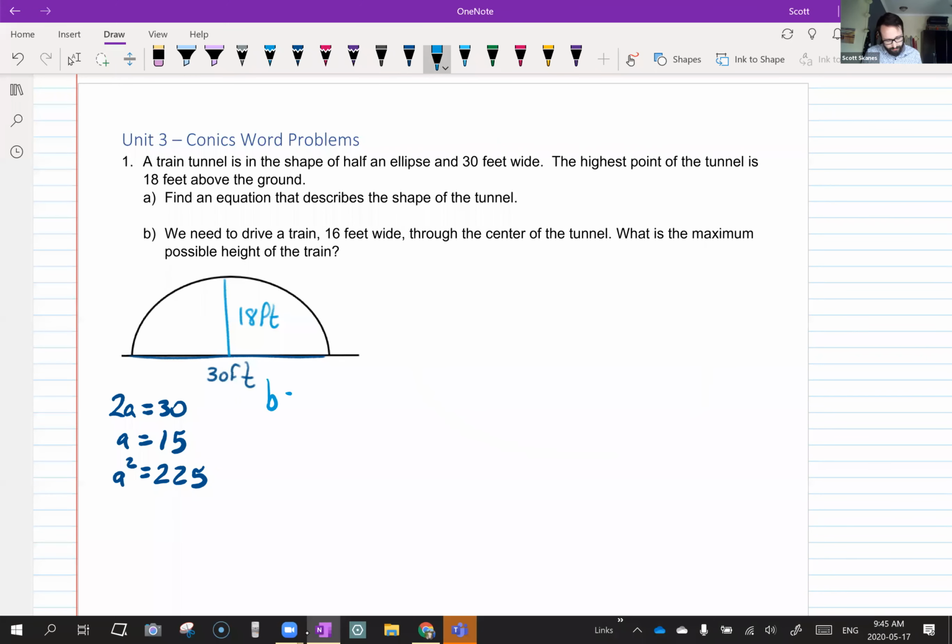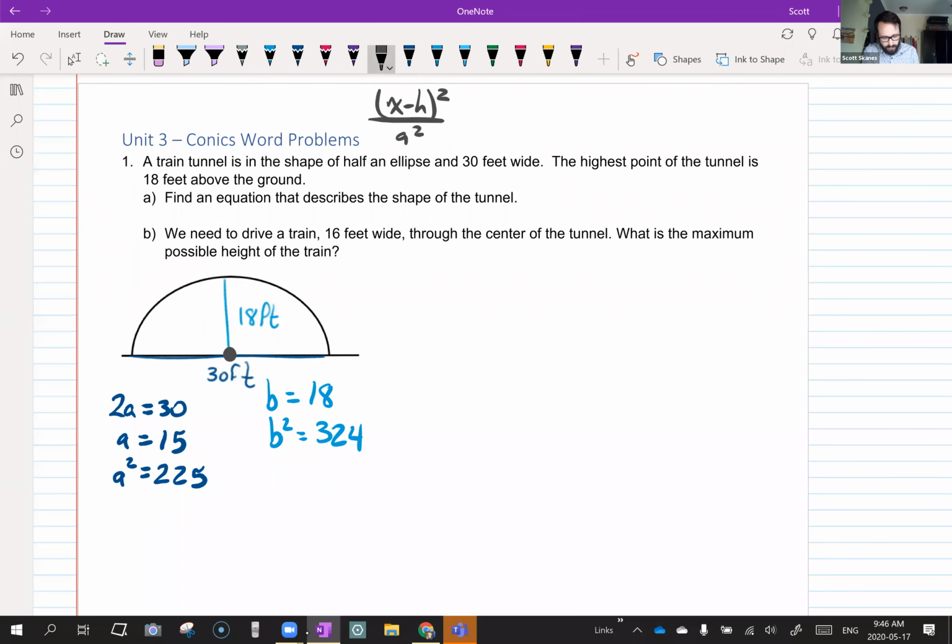So b is given directly, it's 18. We're assuming that the center is right here, yeah? That's the most logical. Always put the center at the center of the ellipse. And then that means b squared is whatever 18 squared is, which is 324. Those are enough to fully describe the ellipse, because an ellipse has a formula that looks like this.